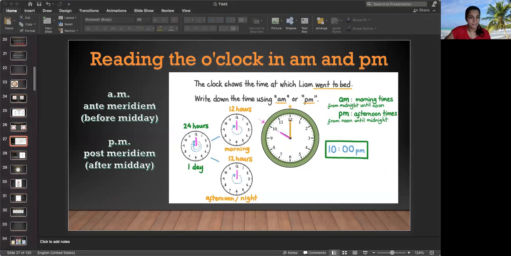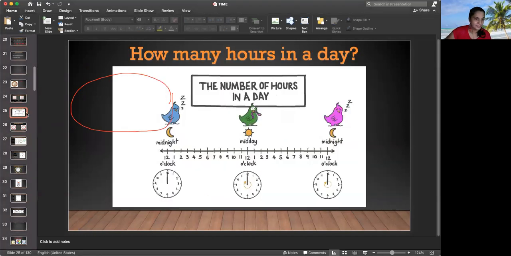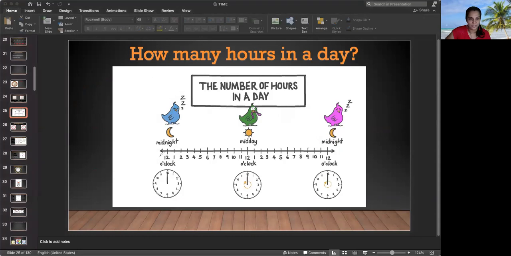AM is the first 12 hours of the day, which is from 12 midnight until 12 in the afternoon. That's how I get to this slide. So you see this, the first 12 hours of the day, from midnight until midday, this range is known as AM.